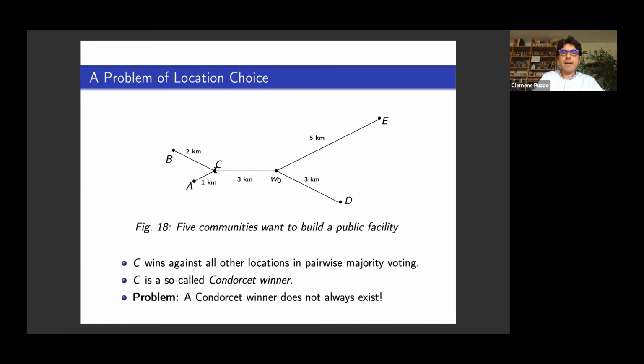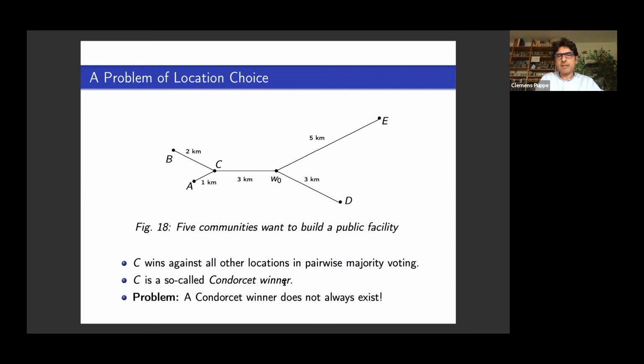Well, compare C with everything to the right, and you will know the communities A, B, and C will prefer C itself to any place to the right of C. And the communities E, D, and C will prefer C to any place on this street and any place on this street. So if you do pairwise majority comparison between C and any other location along the road, C will win. It's a Condorcet winner.